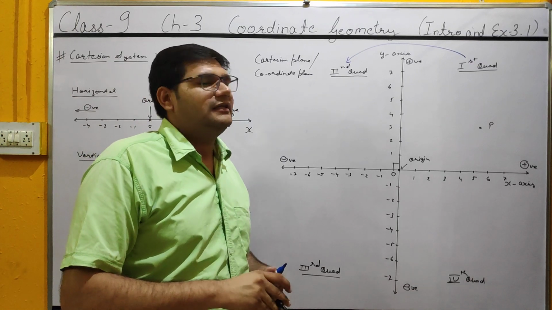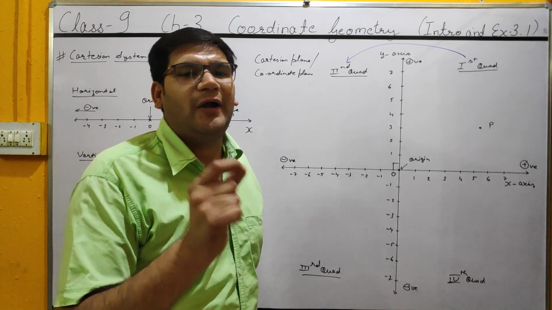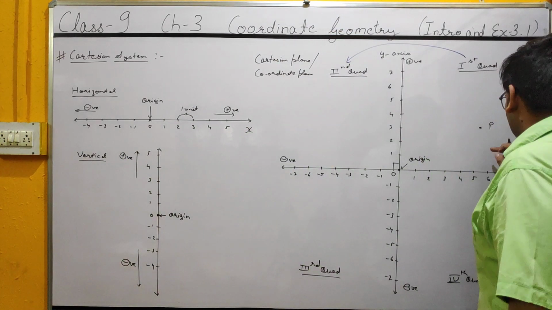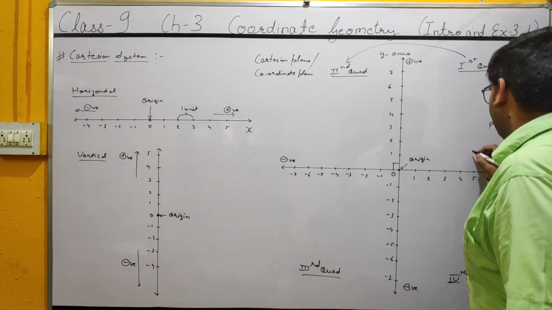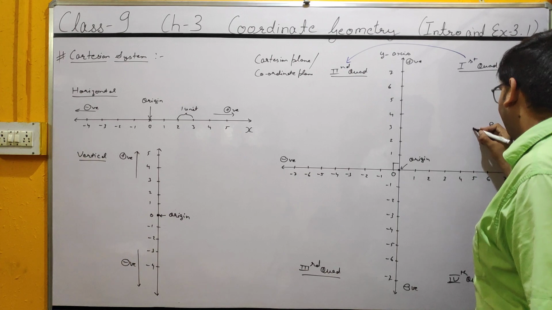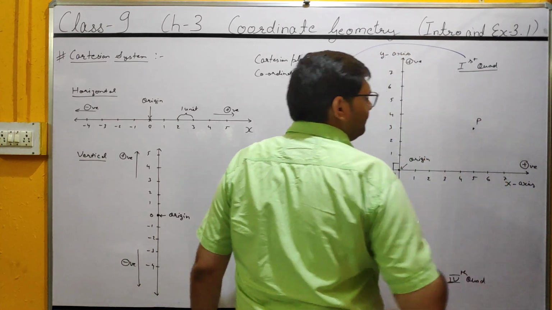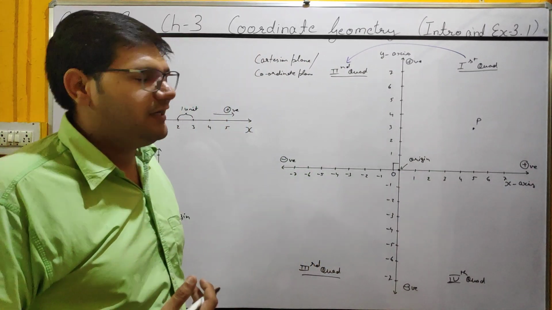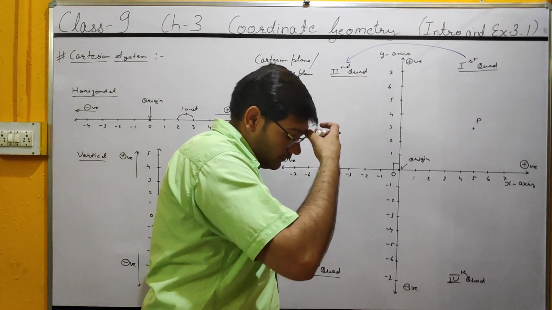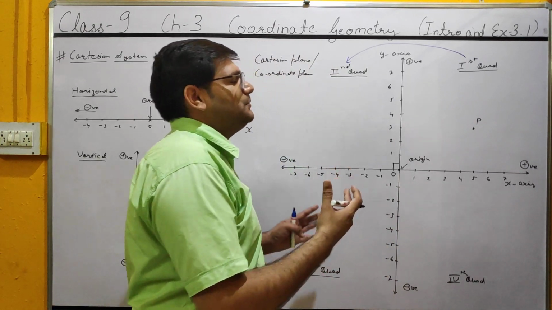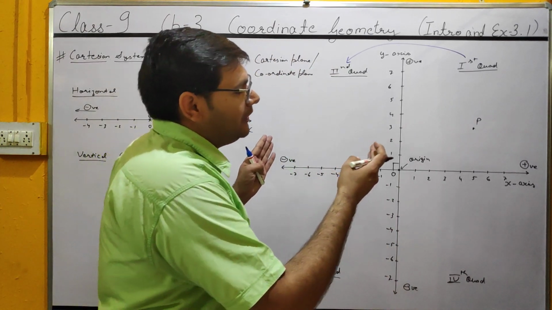Okay, now let's come to the coordinate. What are coordinates? Nothing, just the points. If I want to find out the location of this point P, then how can I find it out? First of all, I need to write the value on the x-axis.